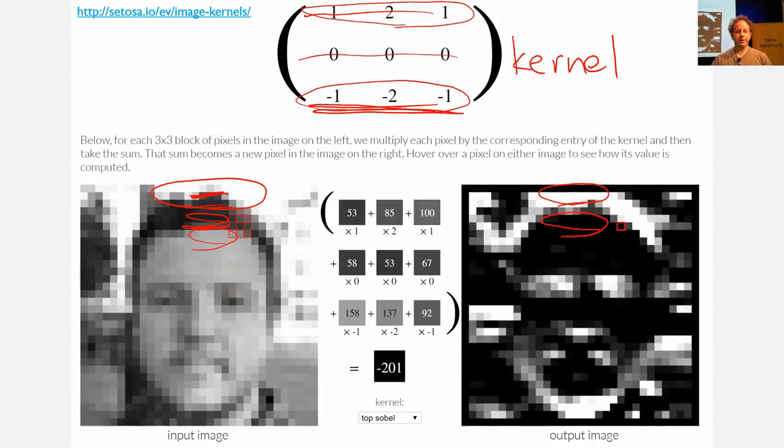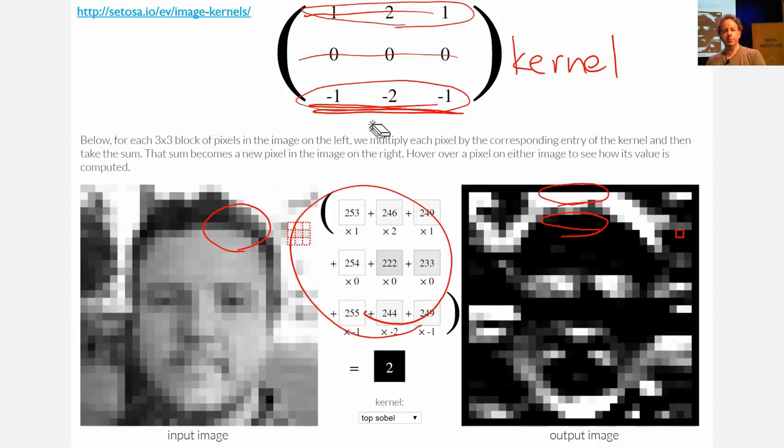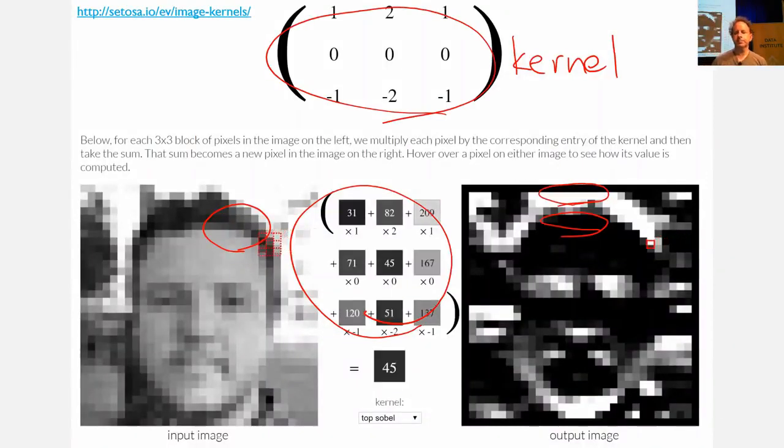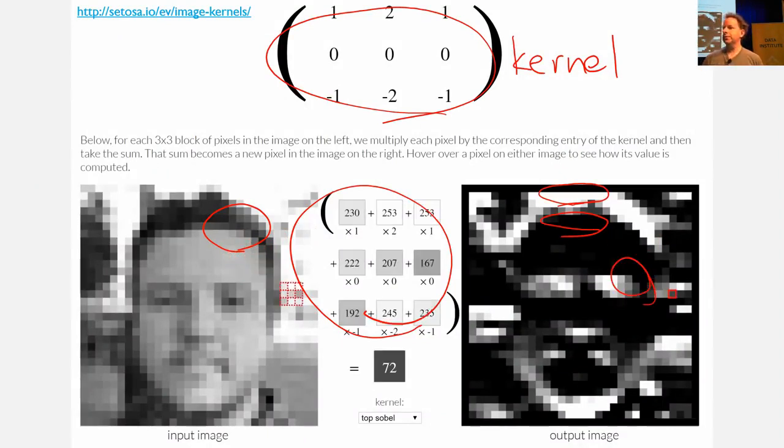So this thing where we take each 3x3 area and element-wise multiply them with a kernel and add each of those up together to create one output is called a convolution. That's it. That's a convolution.